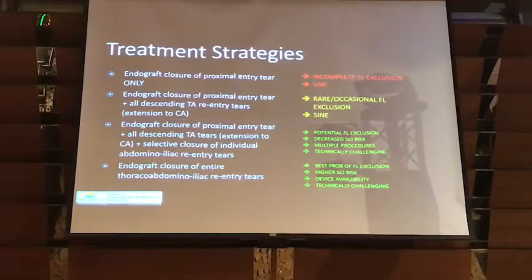The second strategy is endograft closure of the proximal tear, as well as all descending thoracic aortic reentry tears. Again, this just isolates the treatment to the thoracic segment and forgets about the thoracoabdominal segment. In that sense, that treatment is a little bit better than the first, and it deserves a yellow color, with rare and occasional false lumen exclusion, but also giving the residual risk of SINE.